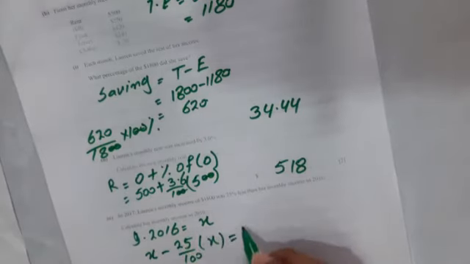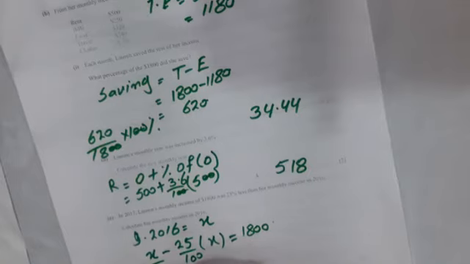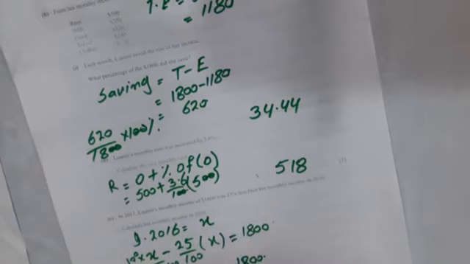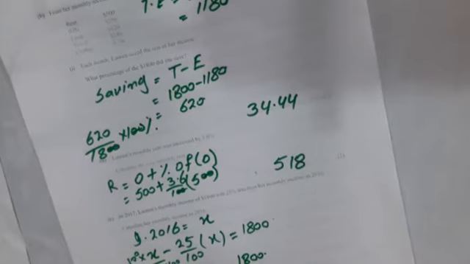This will become 1800. For the 1 here we will take LCM. LCM is 100. We will multiply numerator and denominator by 100. This will become 100x minus 25x is equal to 1800. 100 minus 25x is equal to 75x over 100.